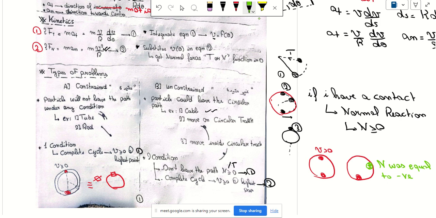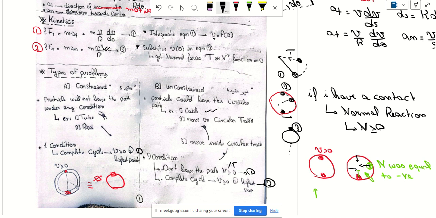Do you understand what n equal to negative means? While I'm moving on this one, the particle is always trying to go downward, trying to move outside the circle, so n will always be in this direction. So this is n, this is n, and this is n.